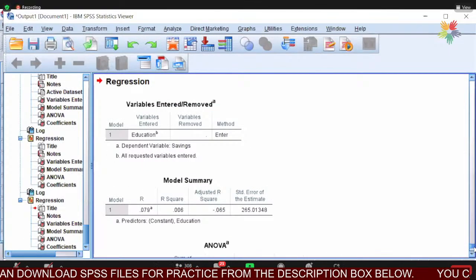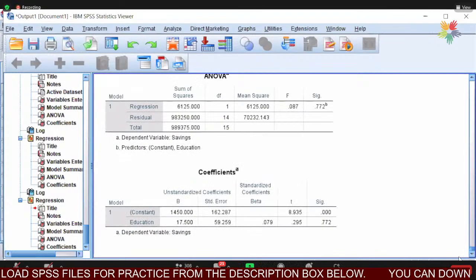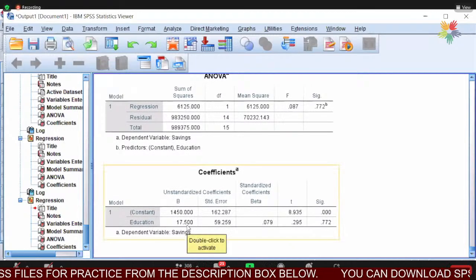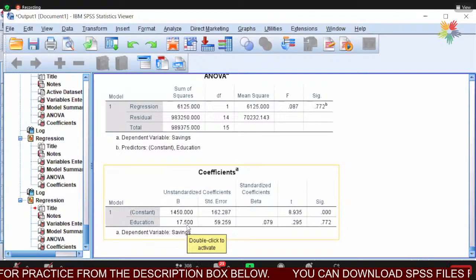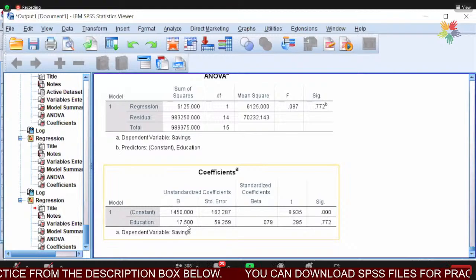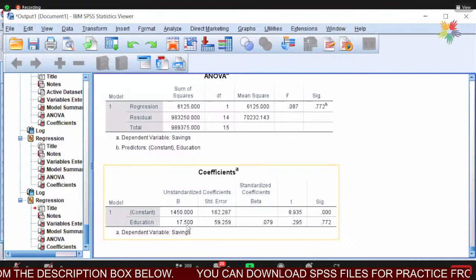Now my beta is 17.5. When you take one variable as it is, with a 1 unit increase, 17.5 will increase.